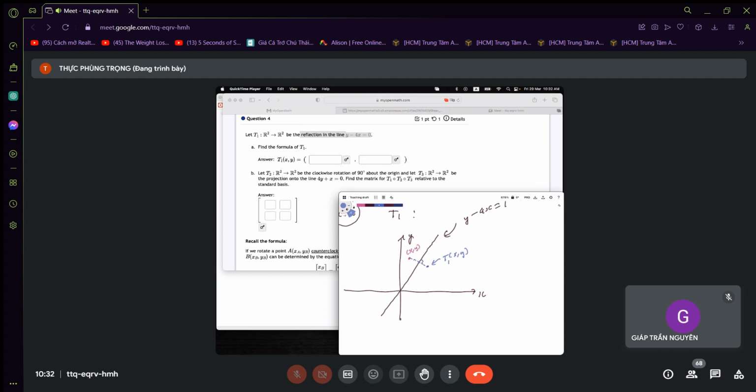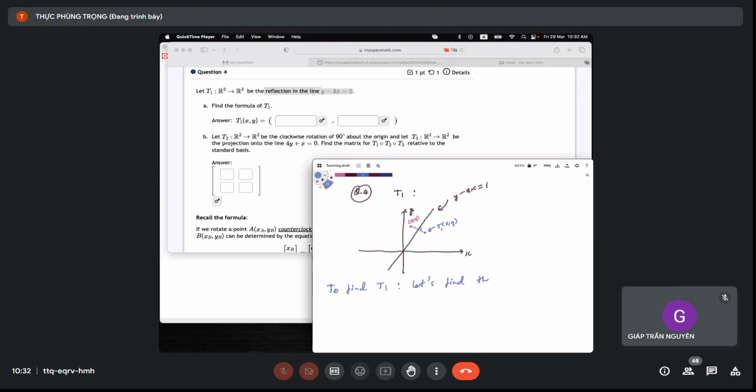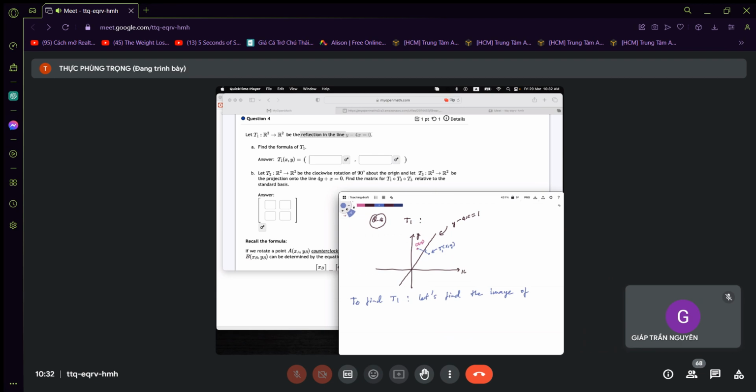So you know exactly what we have for T1, and the question is to find the formula of T1. So how to find the formula of T1? You only need to find the standard matrix of T1. And in order to do that, you only need to find the image of T1 over a basis. So let me write that. To find T1, let's find the image of T1 over a basis.